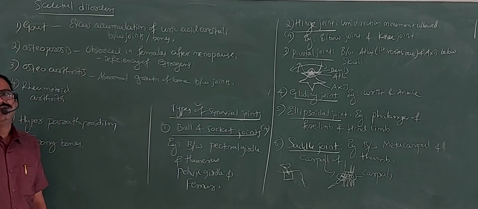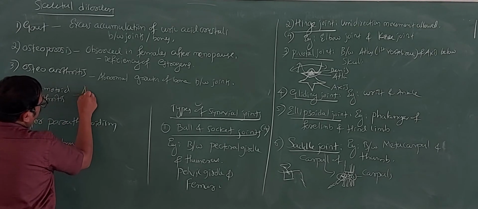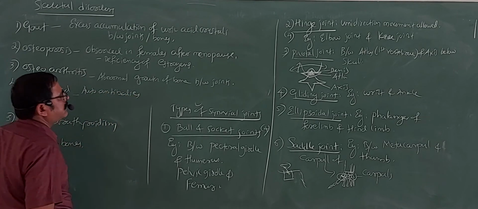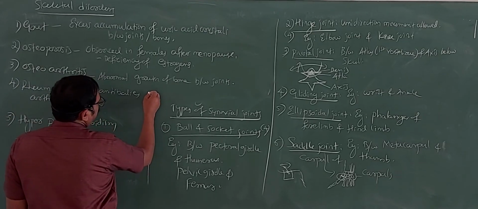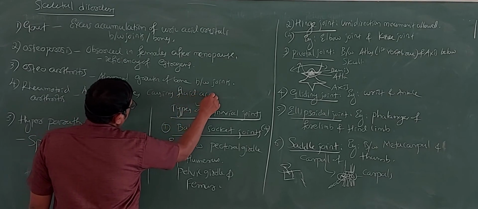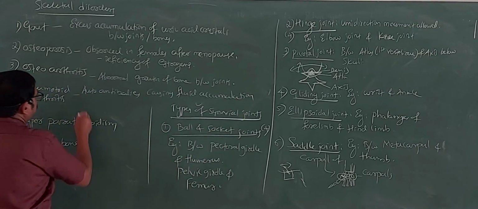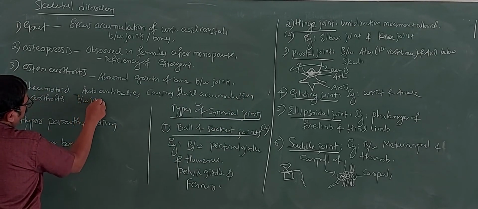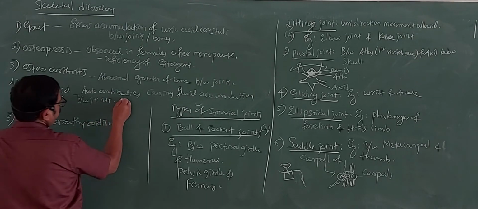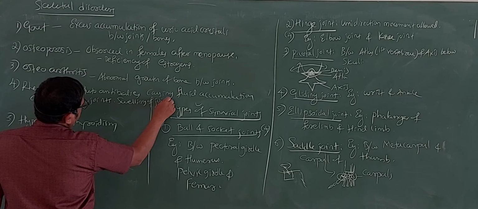Rheumatoid arthritis is a kind of autoimmune disorder. Mainly autoantibodies cause fluid accumulation between the joints, and swelling of the joints.